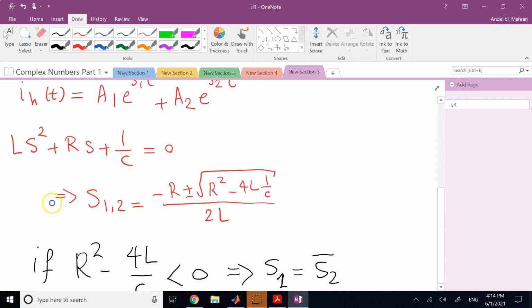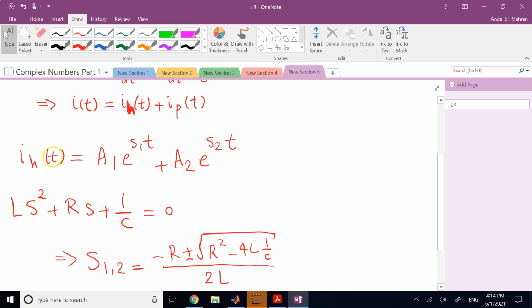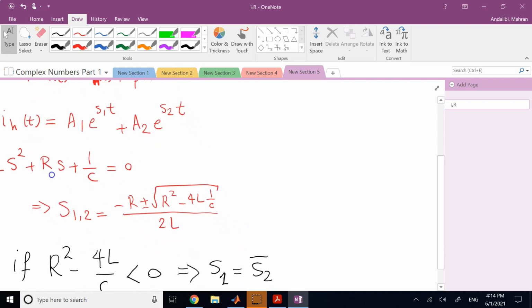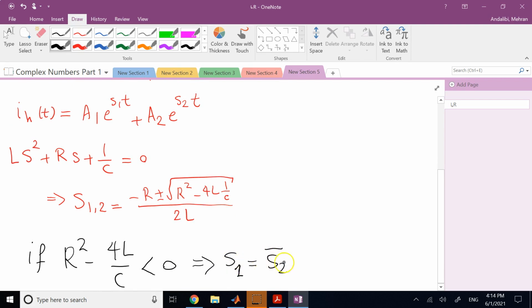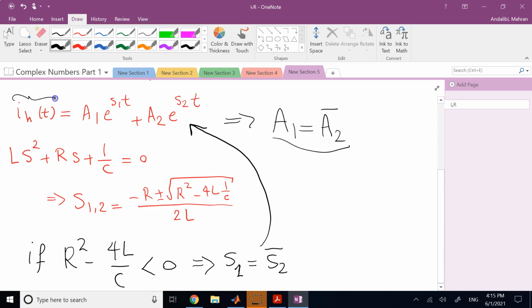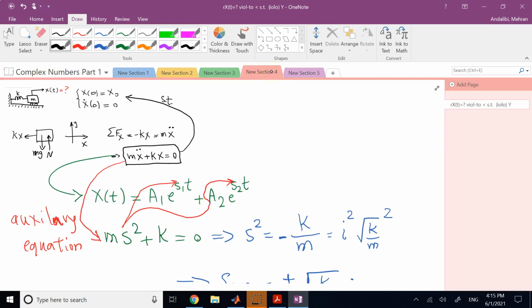And then, if your solution is real, which in this case it has to be, you can easily show that if S1 and S2 are complex conjugate of each other, then A1 and A2 should also be complex conjugate of each other. Otherwise, your I_H of t will have imaginary components in it. If I_H of t has to be pure real, this condition has to apply, and you can see it here as well.